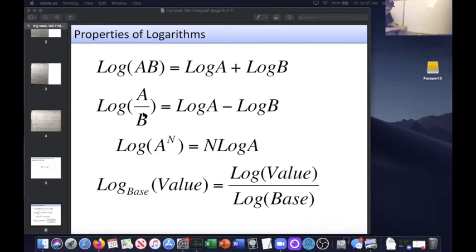The second one is called the quotient property. The third one is called the power rule or the power property. And the fourth one is called the change in base property. Now I'm going to show you a little bit where these come from. And it comes from what I just pointed out, how to solve 2 to the x equals 3.